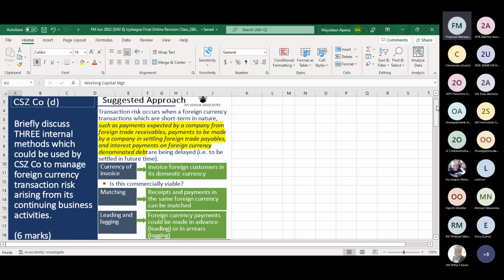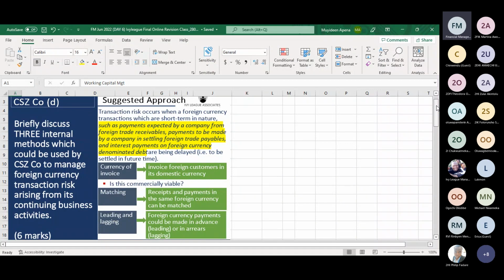Another option that the company could adopt is leading and lagging. In this case, CSE code is anticipating that exchange rates may not be favorable in future, for instance. So what will the company do? It will perhaps prefer to quickly make the payment in advance. That is what we call leading, because there's an anticipation that exchange rates may not be favorable in future.